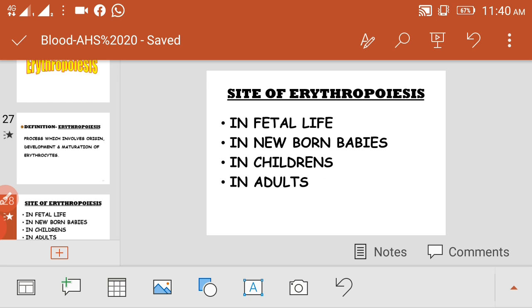The mesoderm of the yolk sac mainly produces the RBCs in the first 3 months of the fetus. Then the liver and spleen in the next 3 to 6 months in the hepatic stage, and from the red bone marrow, that is the myeloid stage. In newborn babies, liver and spleen and also bone marrow, in children and in adults mainly from the red bone marrow.